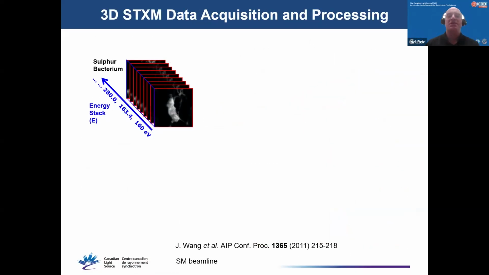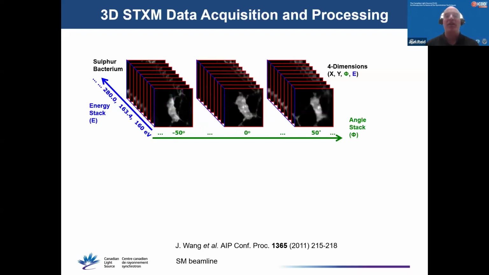You can perform STXM chemical mapping in 2 dimensions, but you can also perform chemical mapping in 3 dimensions by rotating the sample. This is done by creating a 4-dimensional data collection stack by rastering in the X and Y dimensions, rotating the sample, and collecting and scanning the energy at every single point.